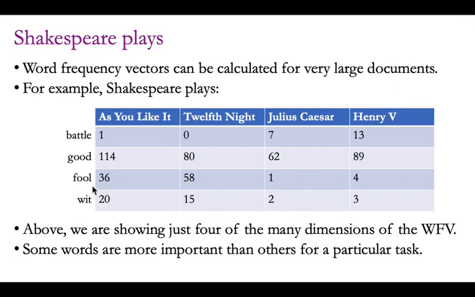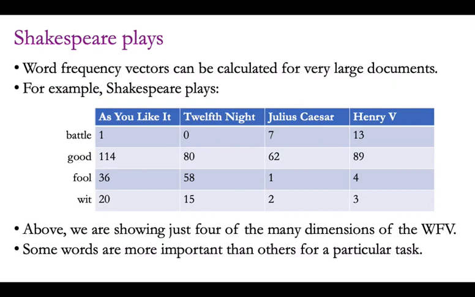The word fool is mentioned quite a few times in the first 2 plays, but hardly at all in the second 2. And the word wit also is mentioned quite a few times in the first 2, but not in the second 2. If you know anything about these plays, there's a difference between As You Like It and Twelfth Night on the one hand, and Julius Caesar and Henry V on the other. Two of these are comedies, and the other 2 are history or tragedies.